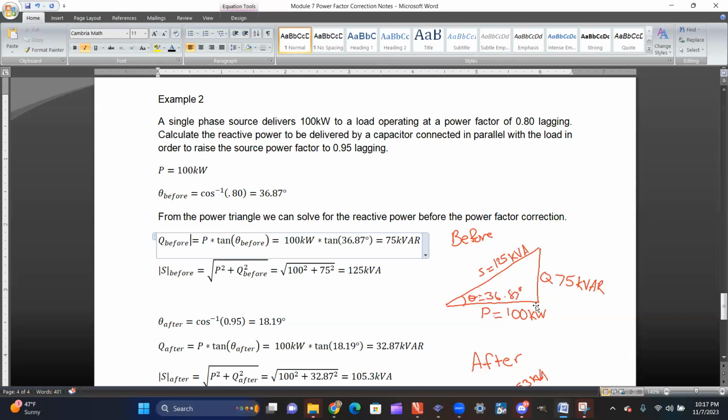And we can use our Pythagorean theorem to solve for the apparent power, which is the square root of P squared plus Q before squared, which is 125. Or you could have just plugged this into your calculator and let your calculator do the work. That's fine too. So this is what the system looked like before.